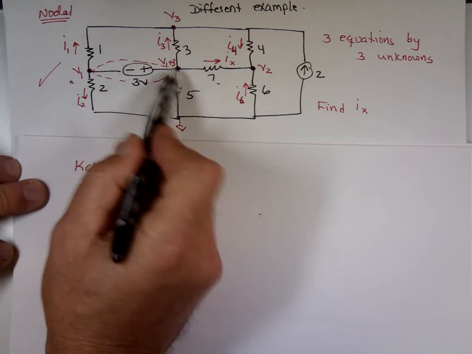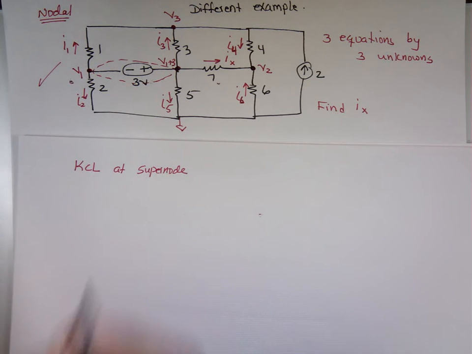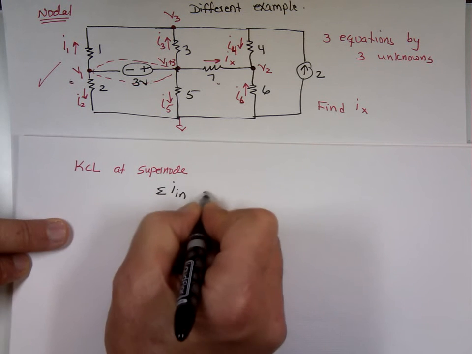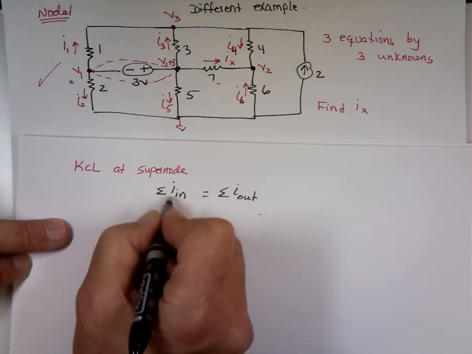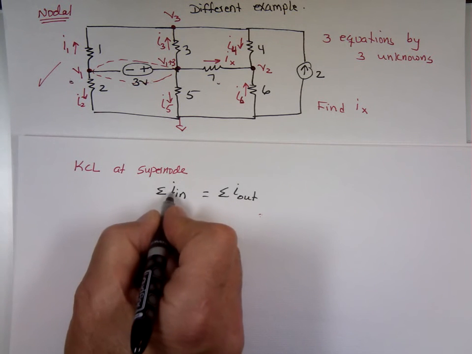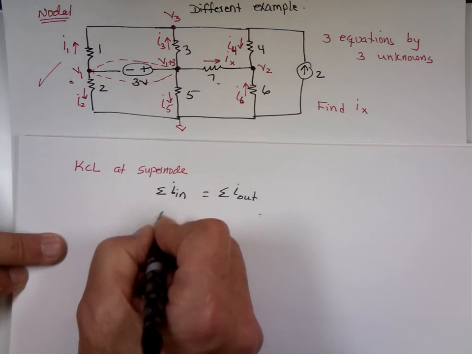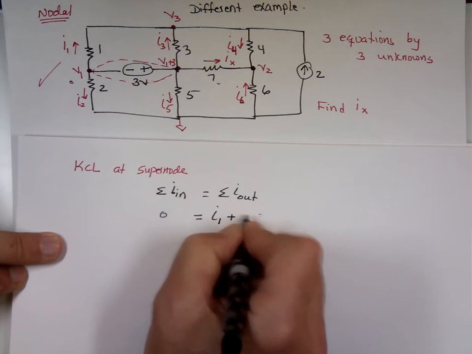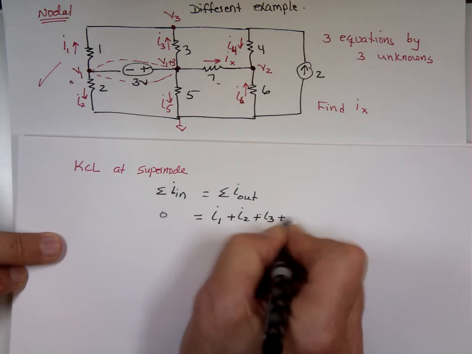The way we drew it, there's nothing going to it, right? 0, because the current going into that node should equal the current coming out of that node. There's nothing going into that node. What's coming out of it? I sub 1, I sub 2, I sub 3, I sub 5.